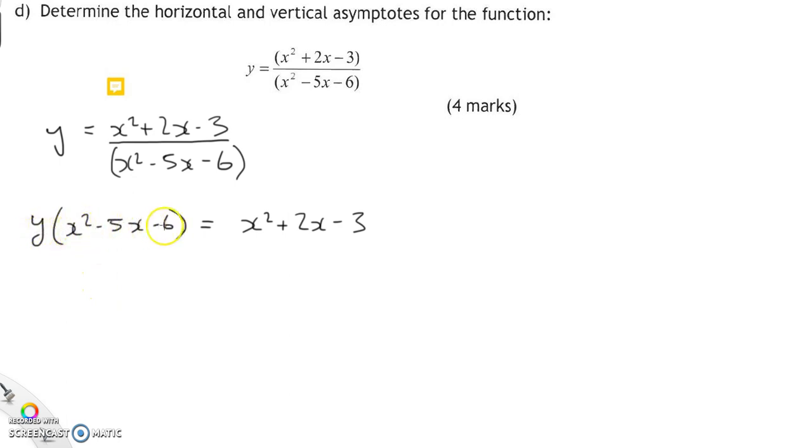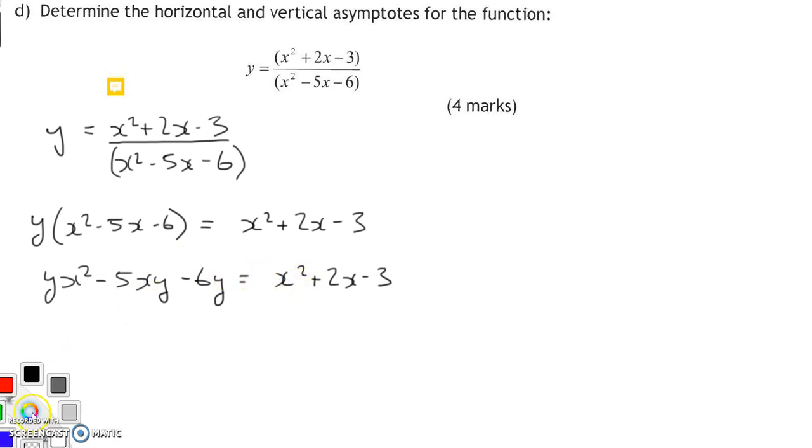Now if we multiply in the y, we get y x squared minus 5xy minus 6y equals x squared plus 2x minus 3. Now to equate the highest power of x, if we subtract x squared from both sides, I'll do that in red, minus x squared, that'll make x squared disappear from the right, but I must do the same to the left.